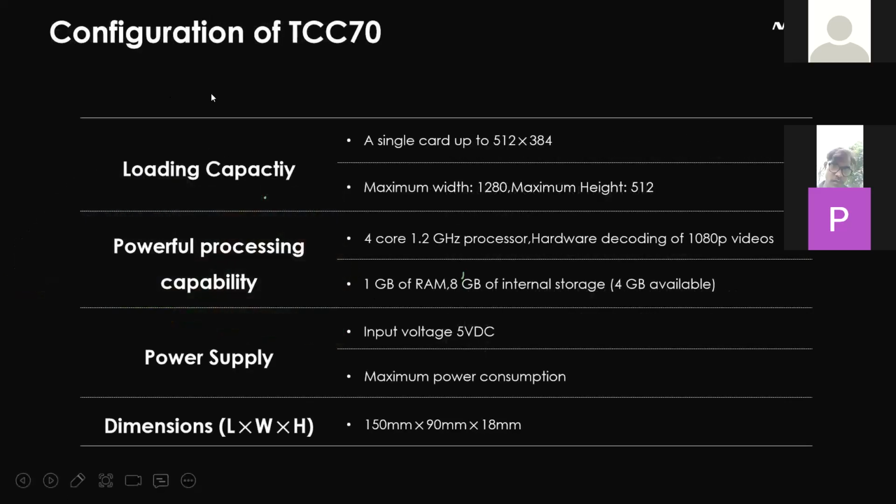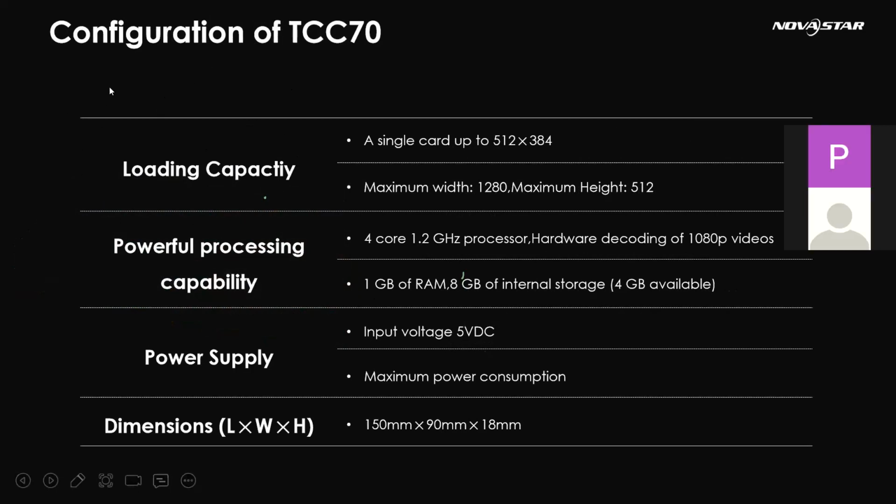So what is the configuration of the TCC70? Let's check it. Firstly, it's the loading capacity. Our TCC70 can support 512 by 384. And this is the maximum width of TCC70. It can support 1280. And this is the maximum height of this device.